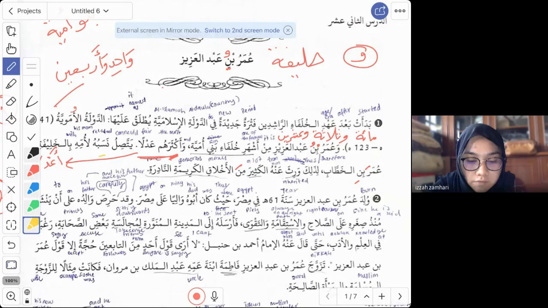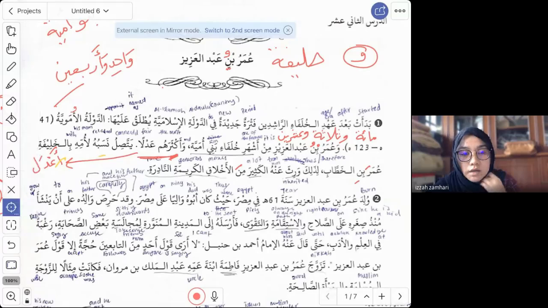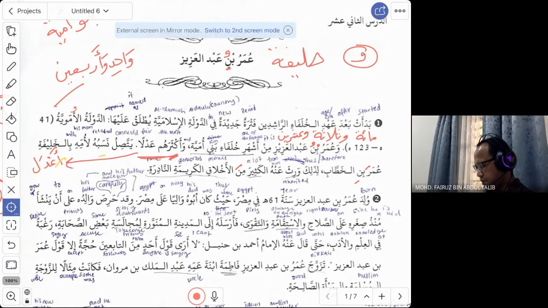Bi khalifati, with Khalifa Umar bin Al-Khattab. It means his mother, Umar Abdul Aziz's mother, is related to Khalifa Umar bin Al-Khattab. Yes, that is the general meaning of the sentence.